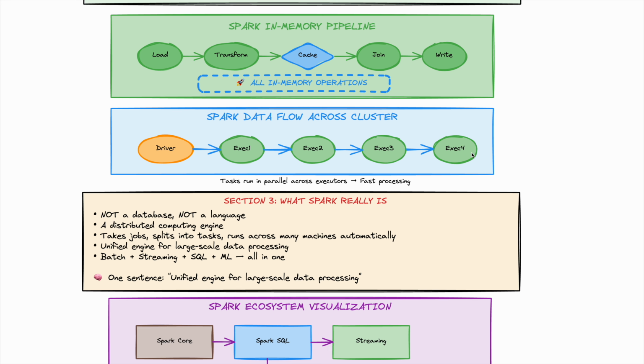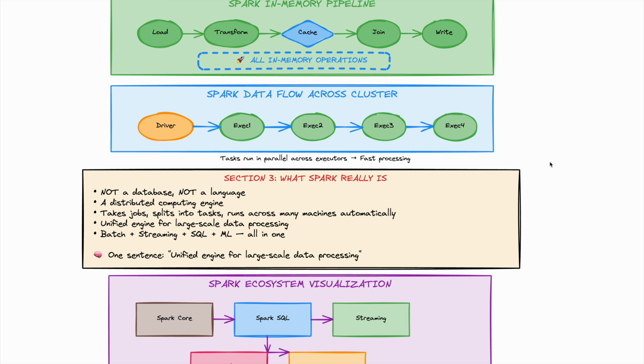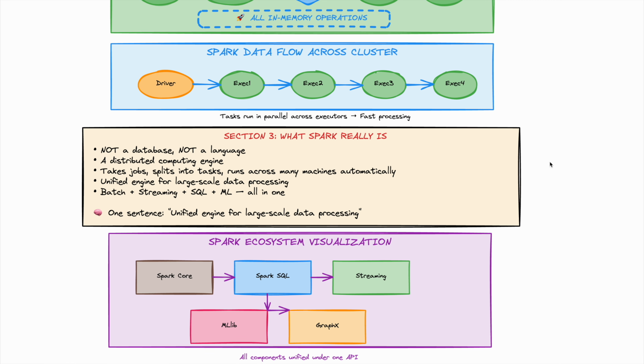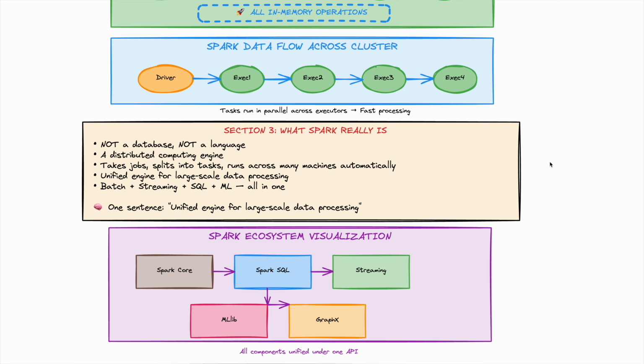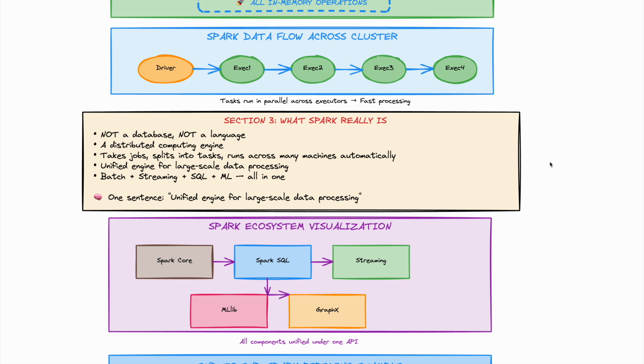Let's say we have a massive amount of data; we split it and give it to executors. The data is processed in parallel on different nodes, on different machines, which means we are processing the data faster. Then we collect the results and combine the results from those executions.